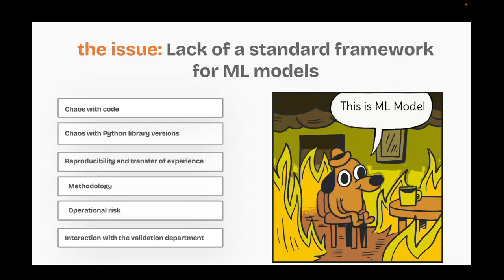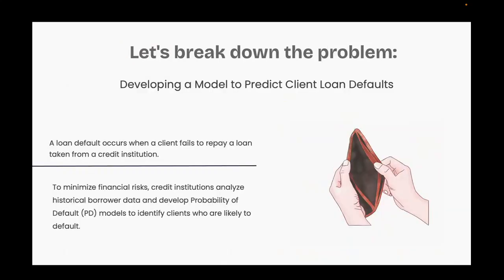In fact, the validator should repeat the process of building models after you, and for this, the process must be extremely transparent. All these difficulties showed us that we required a detailed, organized, and flexible plan for developing our models.